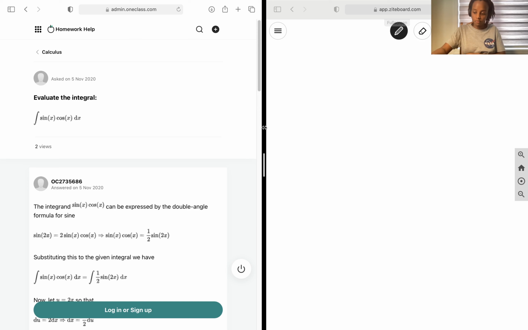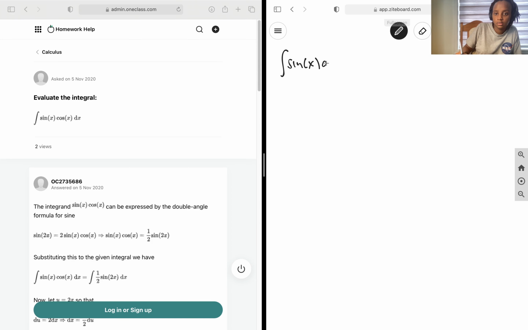Next up, we're going to be evaluating this integral over here. So we have the integral of sine x cos x dx. I need to remember the identity that 2 sine x cos x is equal to sine 2x.